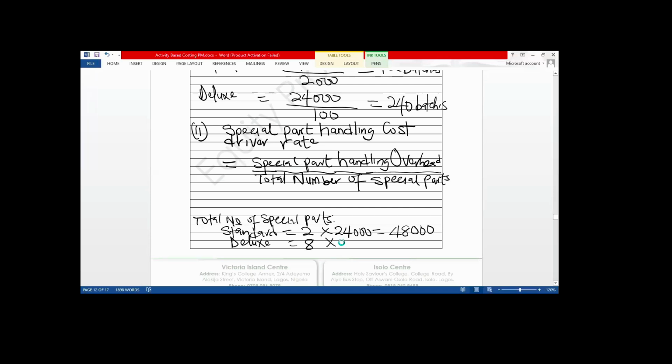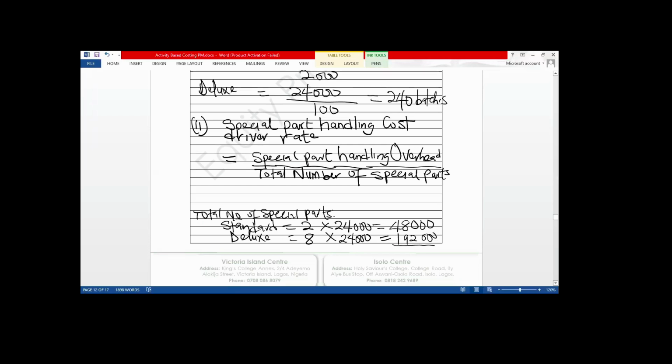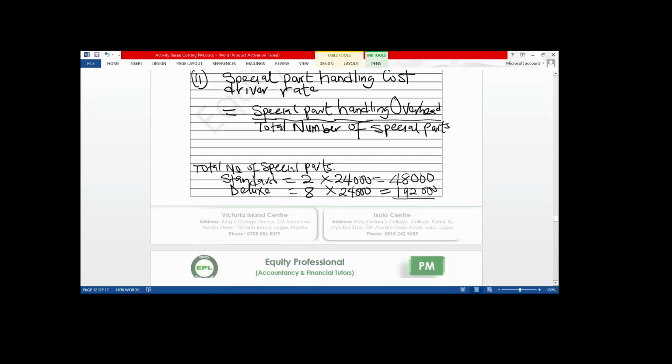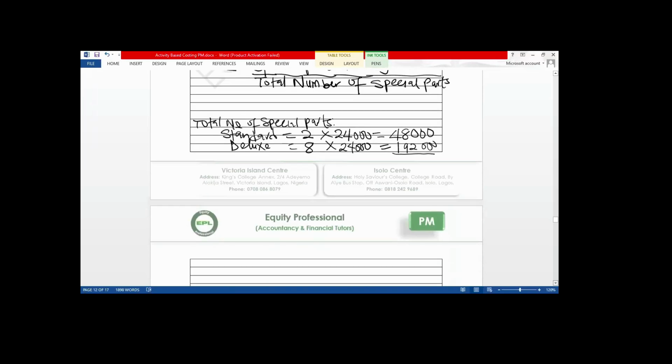I'm going to produce 24,000 units of doulos. Please multiply. What do we have? 192,000. Now total, 240,000 total special parts.